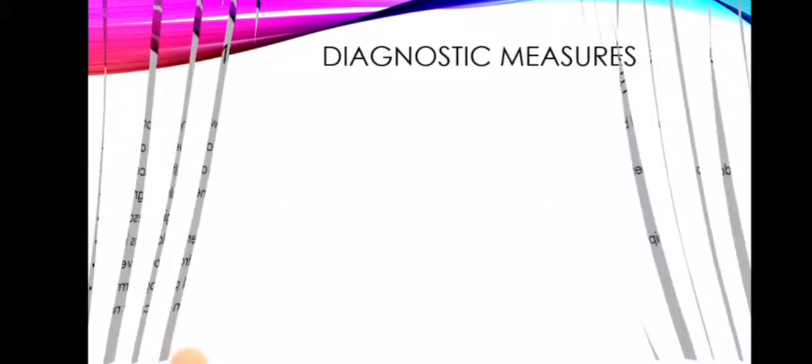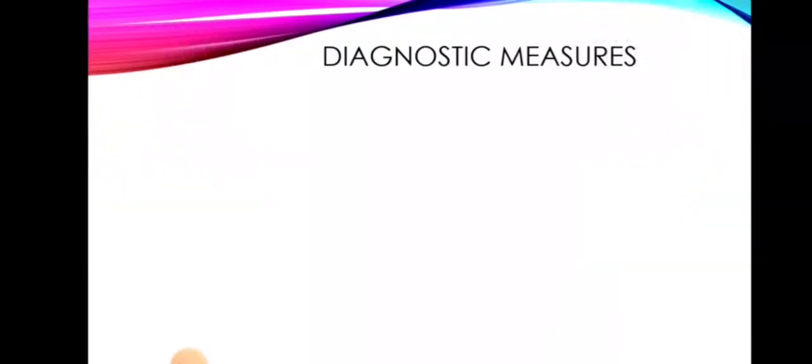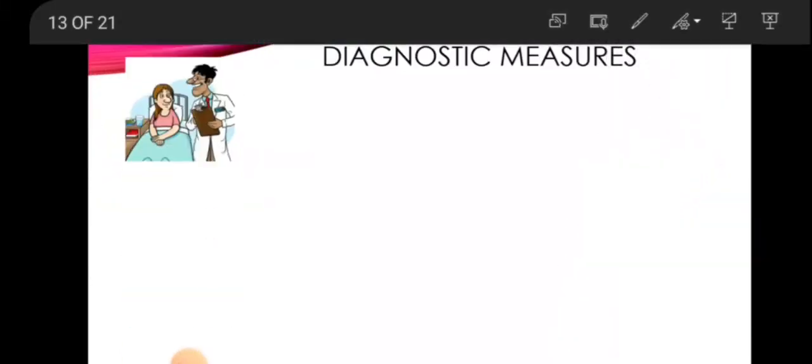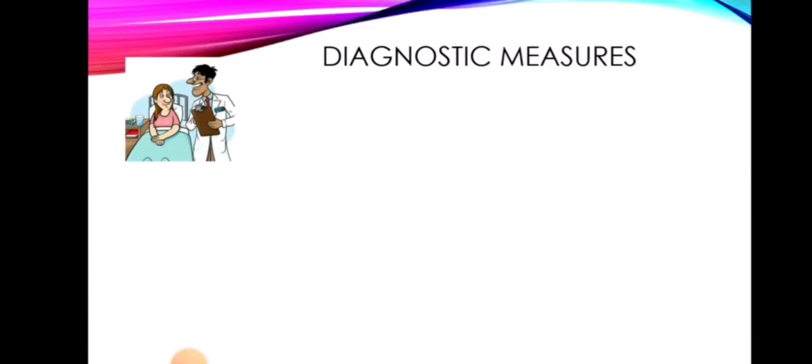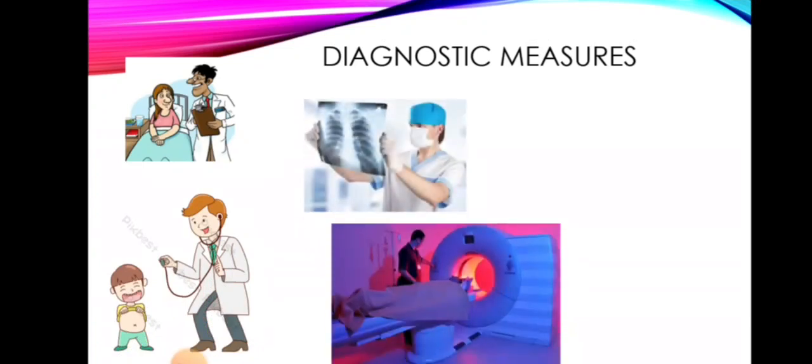Next, we will see the diagnostic measures to identify child abuse. First one is history, physical examination, chest x-ray, and CT scan.